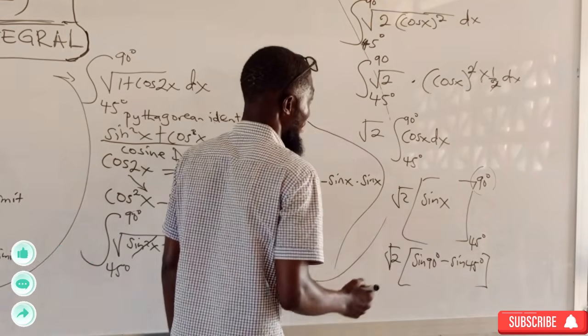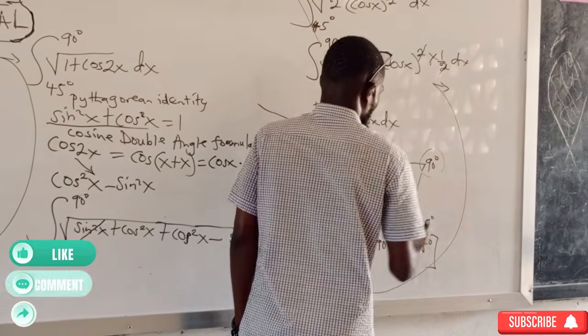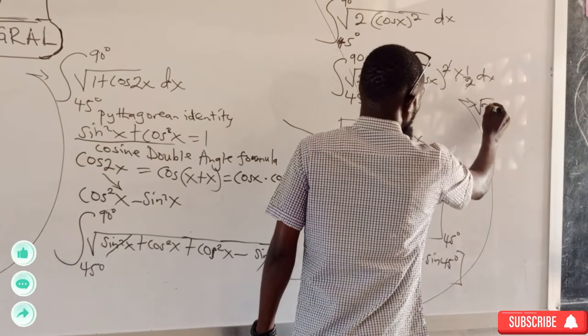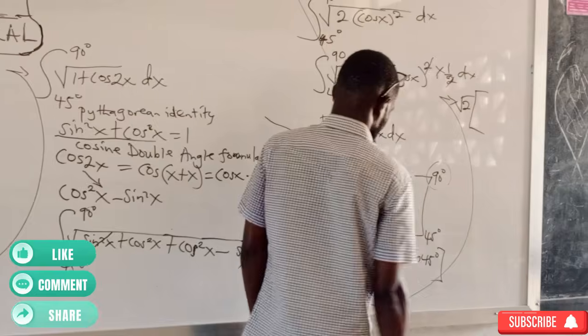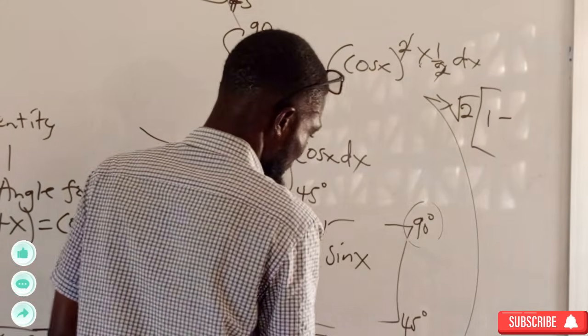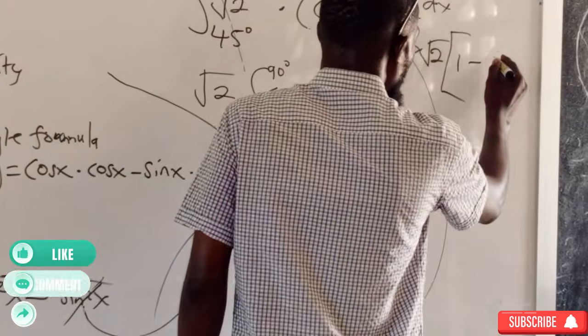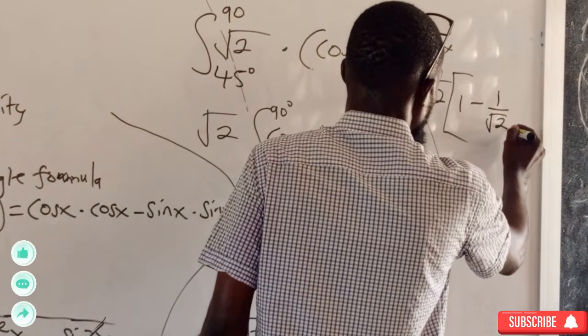Bracket closes. Remember, ladies and gentlemen, we say the square root of 2, what we have here, sin 90 degrees is 1 minus sin 45 degrees is automatically 1 over the square root of 2.